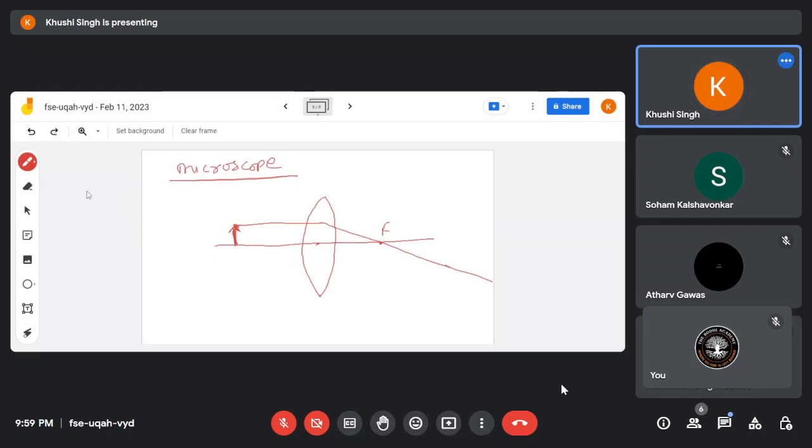So my diagram is not proper. I'll just draw it again. Here. So this is my object. Ray is going. It is getting refracted here. And one will pass directly from here. I'm not able to draw properly.